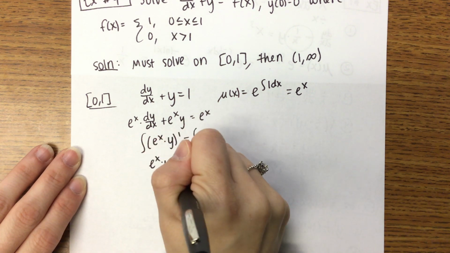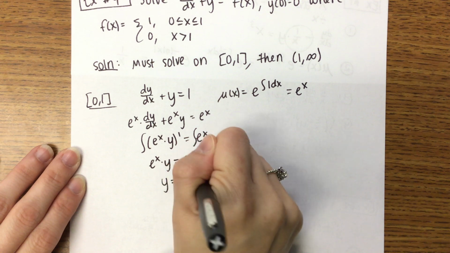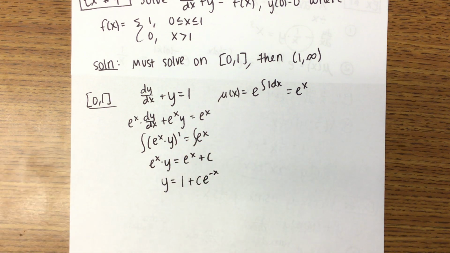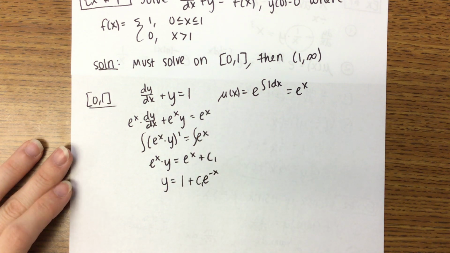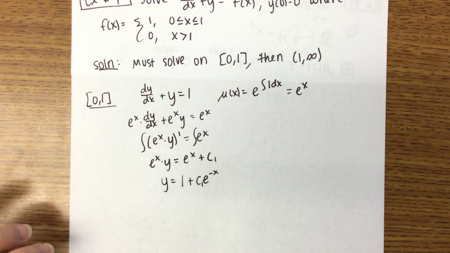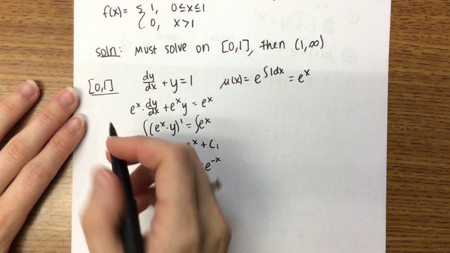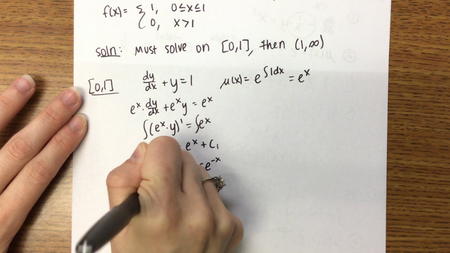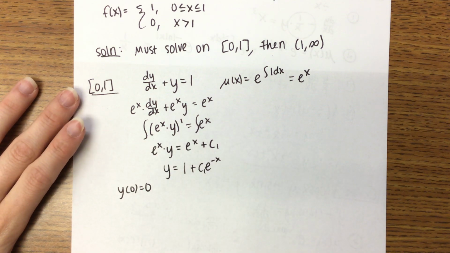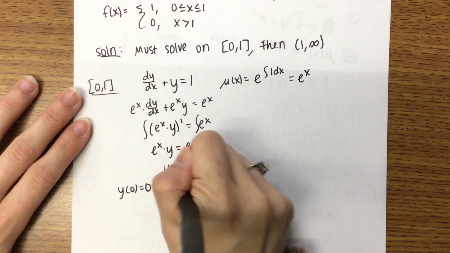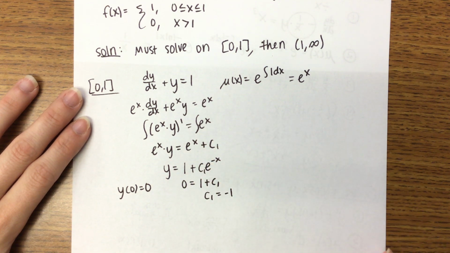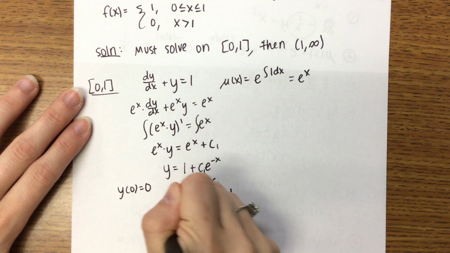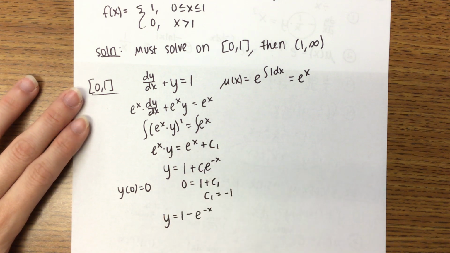Our y then is 1 plus c e to the negative x. I'm actually going to call this c1 because when we solve the other equation, we're going to get another c. We're not finished yet. We still have that initial condition. So we get 0 equals 1 plus c1, so c1 equals negative 1. Our solution then is y equals 1 minus e to the negative x.